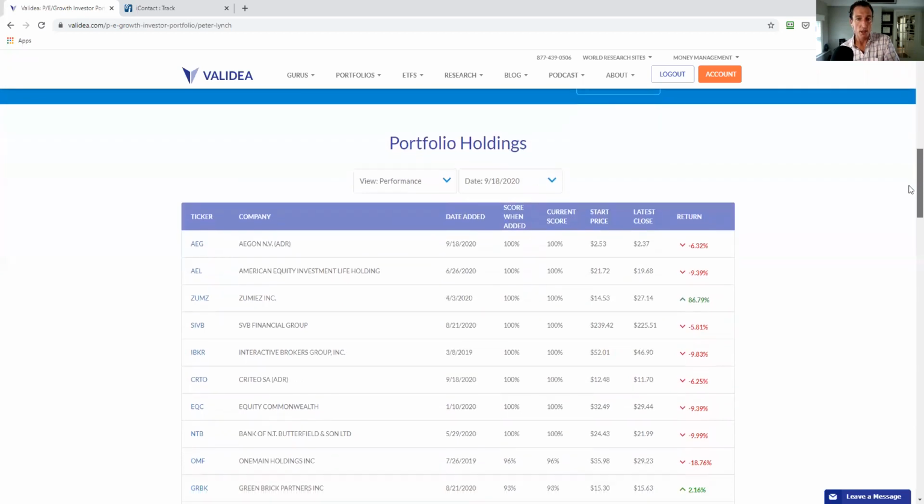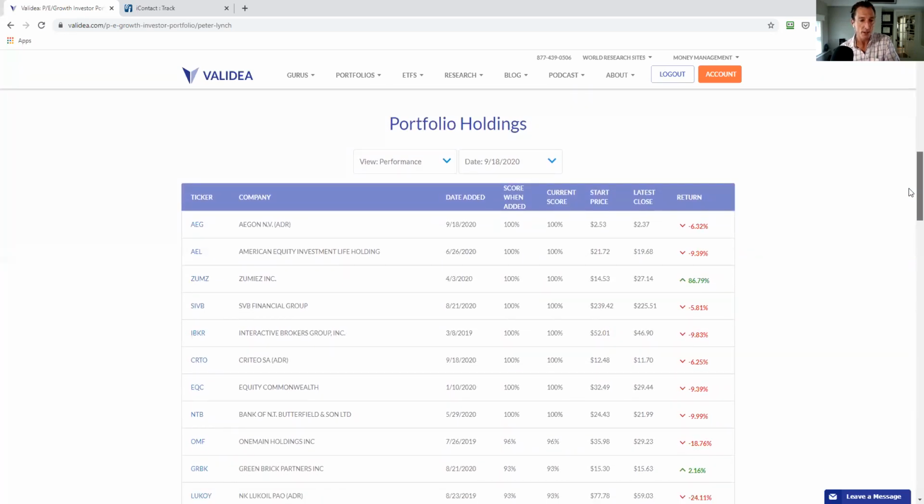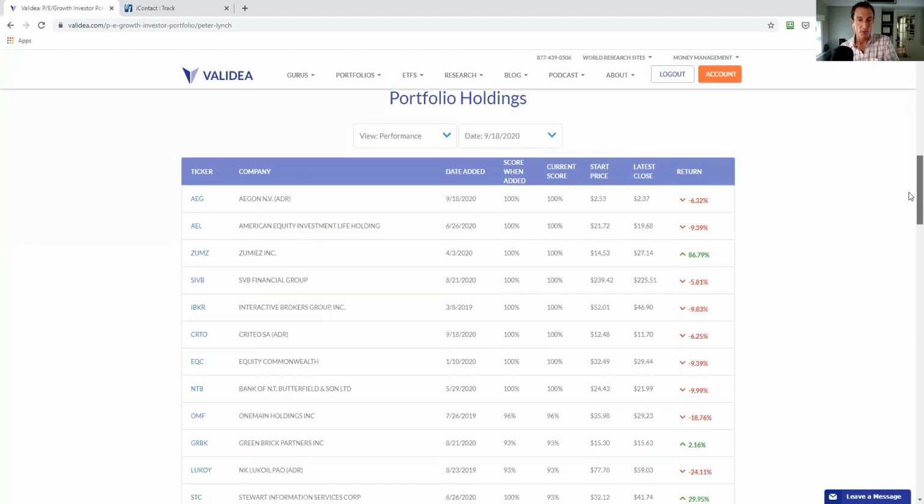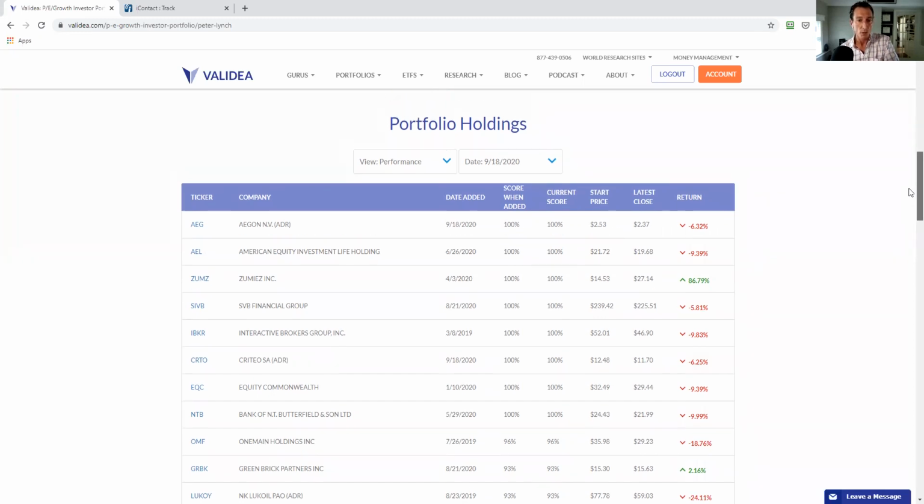That's very important. We always want to make sure we're being fair and honest with people that are interested in Validea. This isn't some magic formula where you're guaranteed outperformance if you follow one of these models. What you are guaranteed is a disciplined, systematic way to select stocks fundamentally across a lot of different strategies, and that's essentially what I'm showing you here.